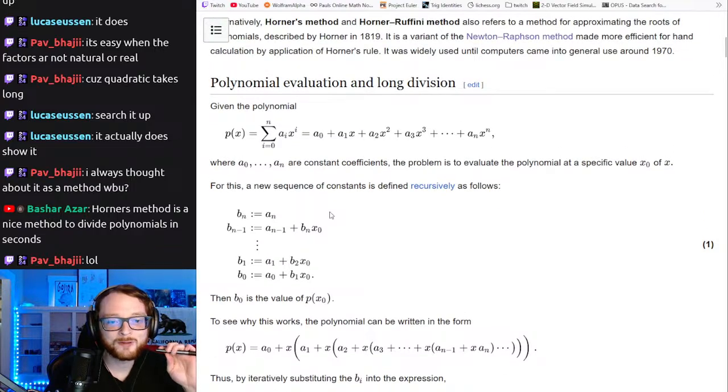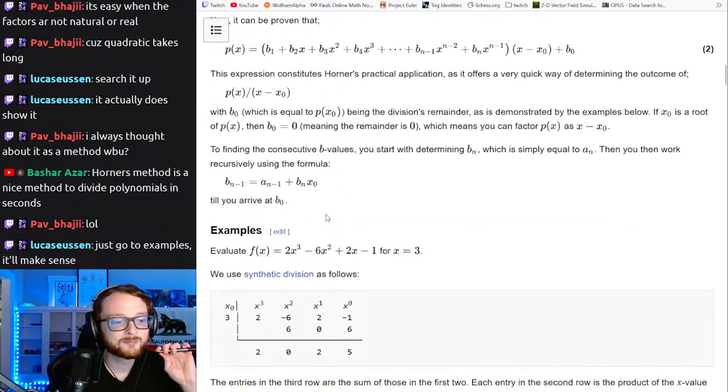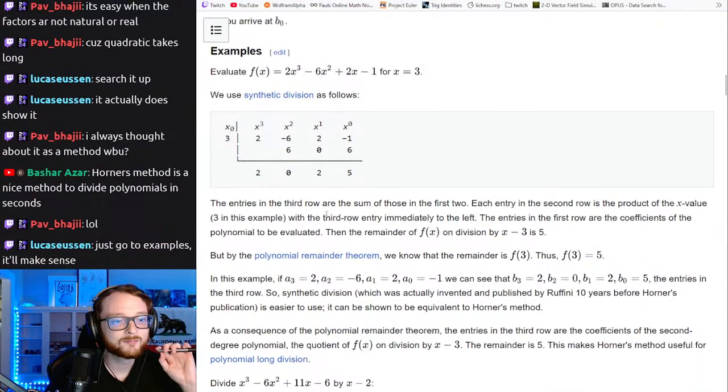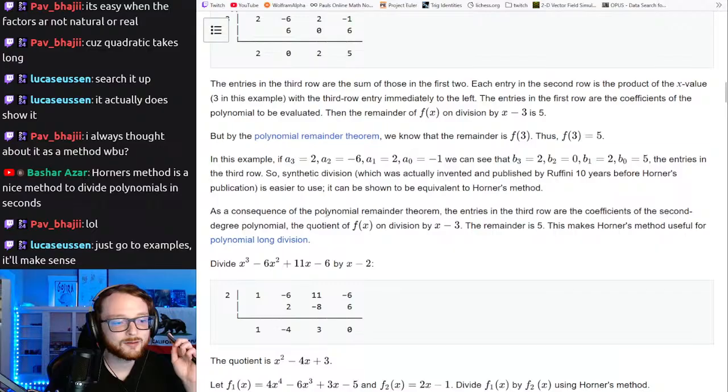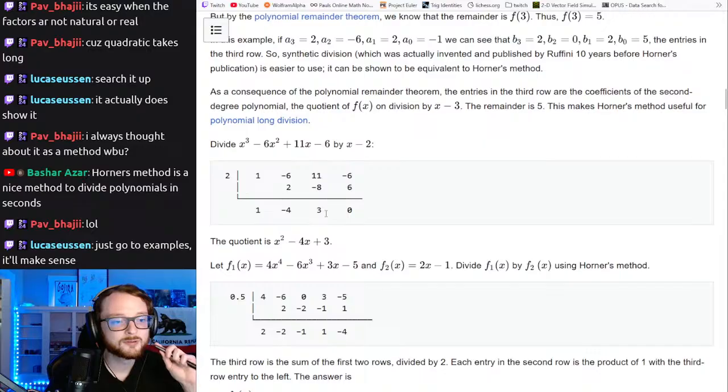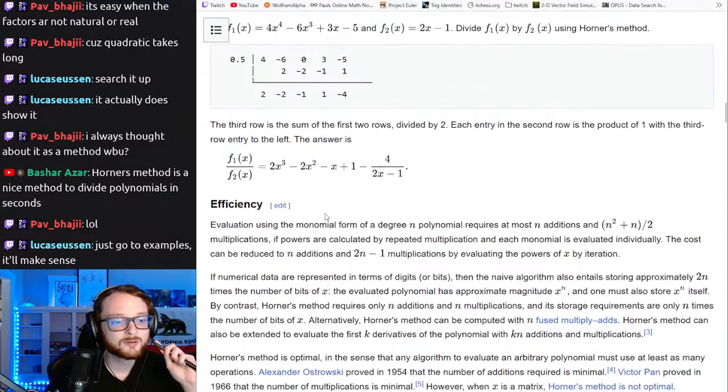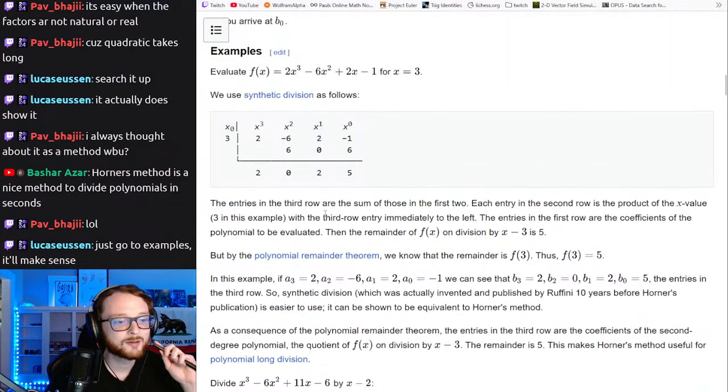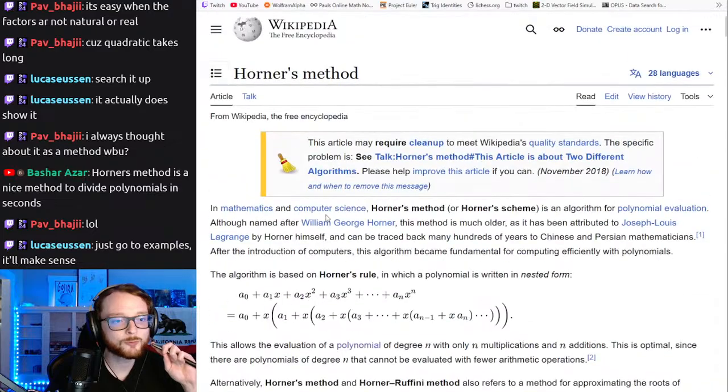But I guess you somehow find the first row and then you just like divide it out is the idea. Oh wait, is this just synthetic division? It is, okay. Then I have learned this just with a different name.